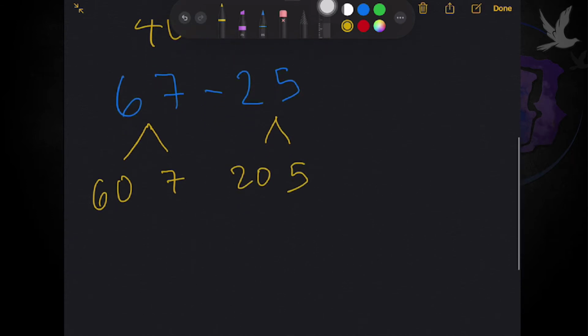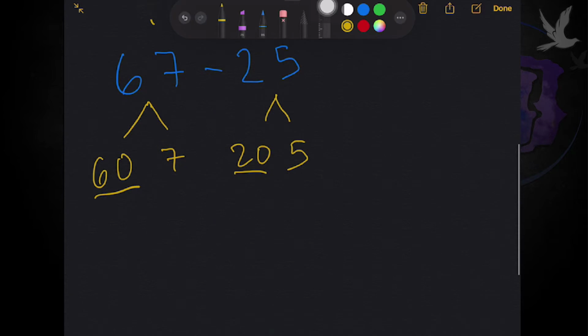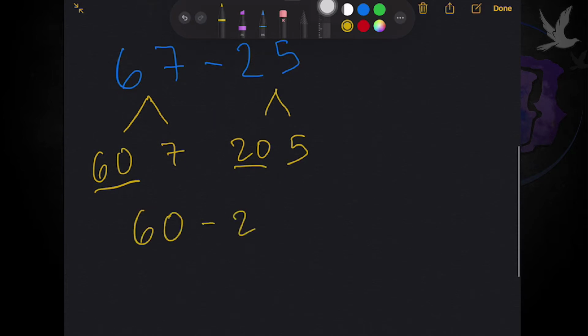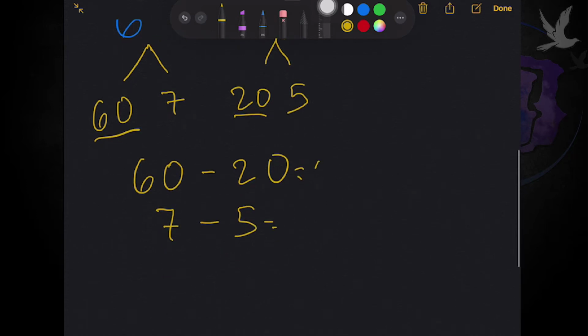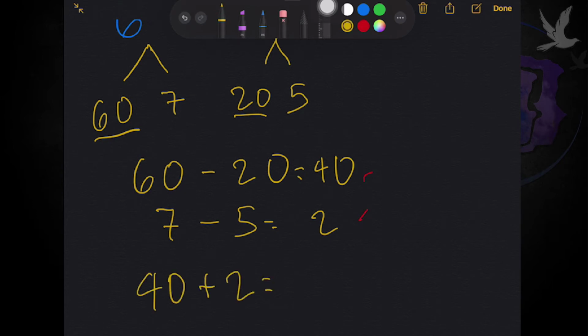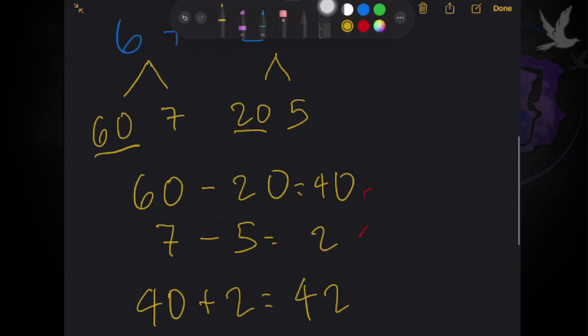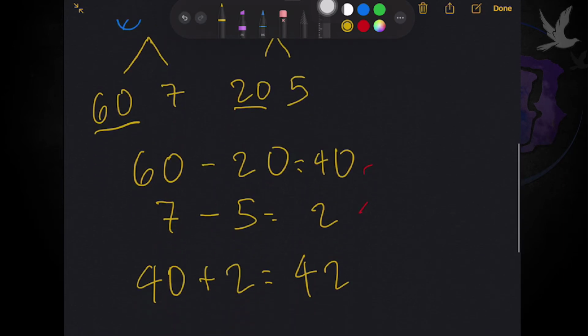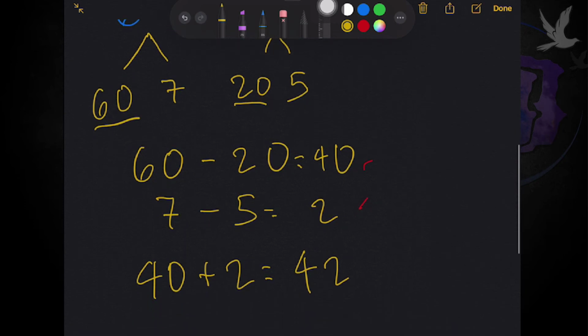Okay, taking the tens value, we have 60 minus 20 and the ones, which is 7 minus 5. 60 minus 20 will give us 40. 7 minus 5, or 7 take away 5, will give us 2. All you have to do is to add these two numbers. So that's 40 plus 2, which will give you 42. So that's the answer the moment you are going to apply the process.